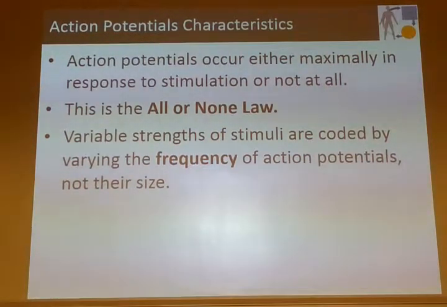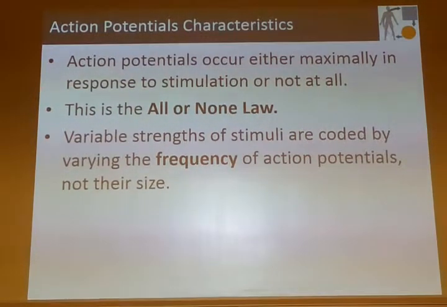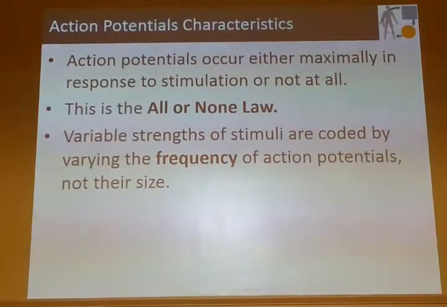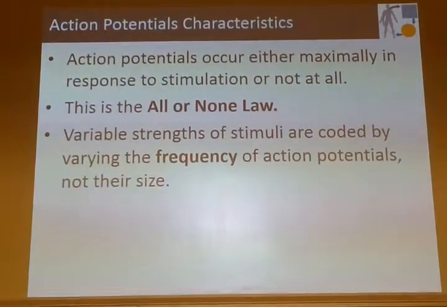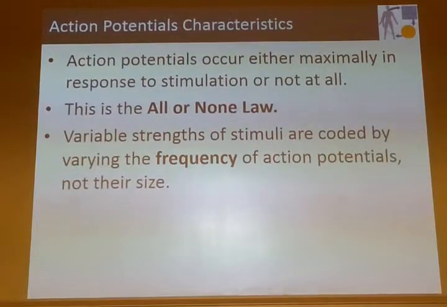Others, you start dialing up the stimulus and they start to fire more often. Some fire less frequently as they're being stimulated for a longer period of time. They kind of poop out. So they get big bursts of action potentials and then it becomes less frequent. So the frequency of action potentials depends on the type of neuron you're dealing with.